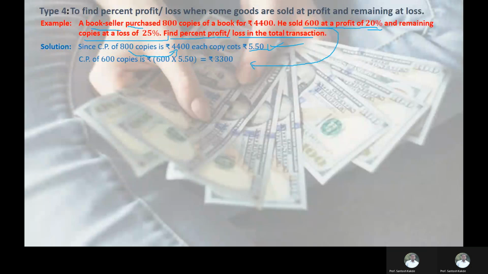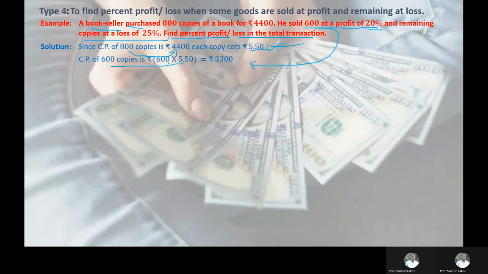On the basis of this, we calculate the profit of 20% on 600 copies when these copies are sold. So the cost of 600 copies is 600 into 5.50. Why? Because each copy's cost is 5 rupees 50 paise.